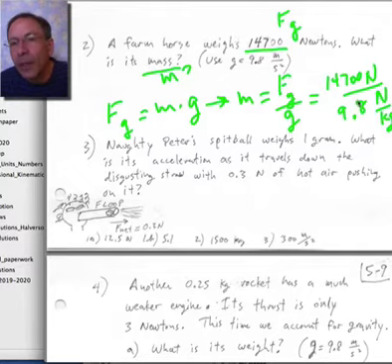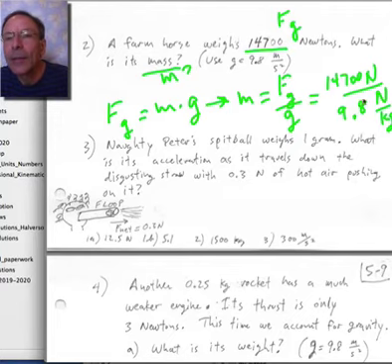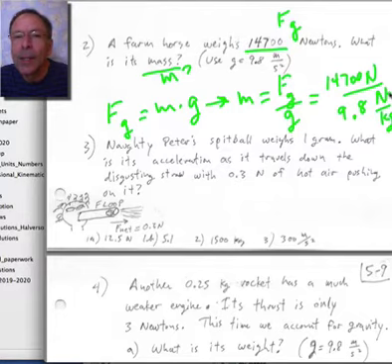So newtons per kilogram is the same thing as meters per second squared. And the newtons are going to cancel. You're going to have units of kilograms, and that'll get us the answer. You can check later on.